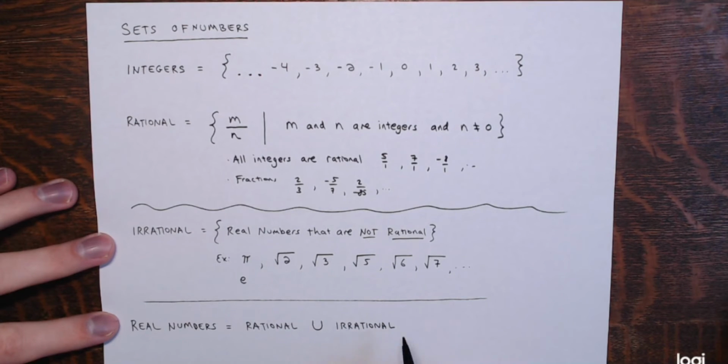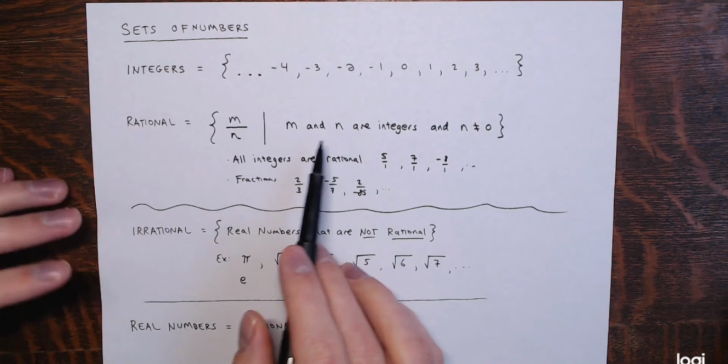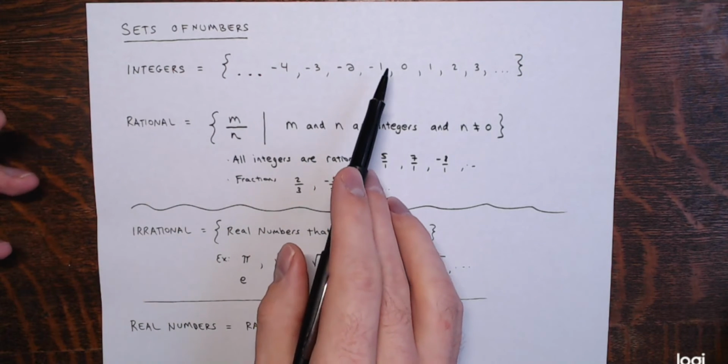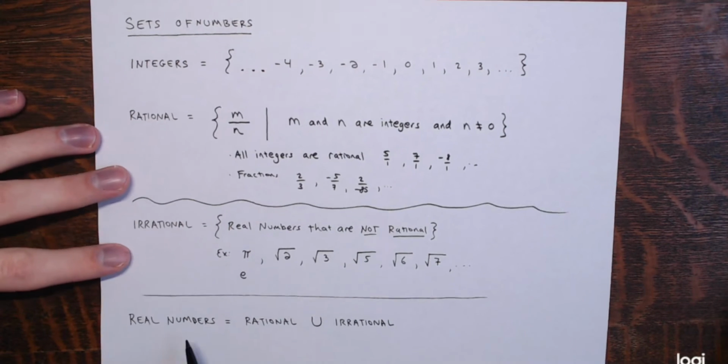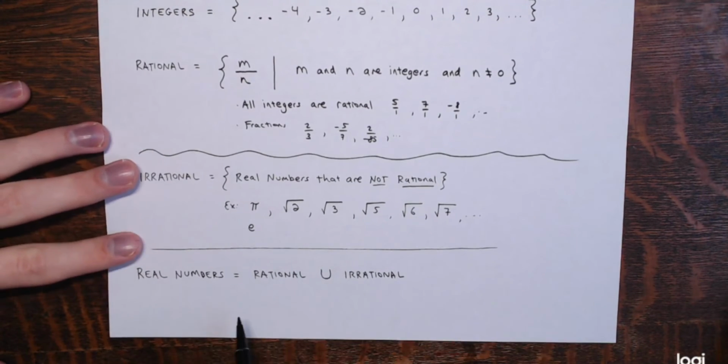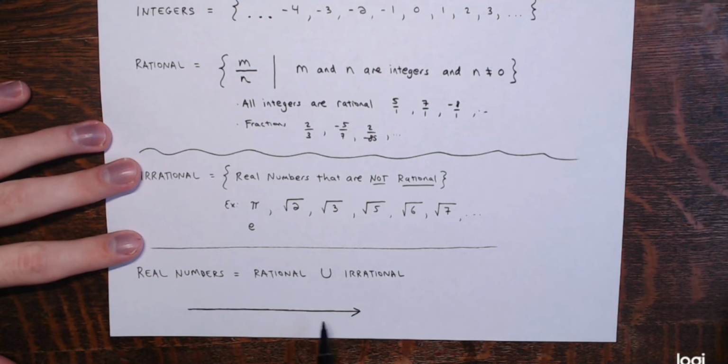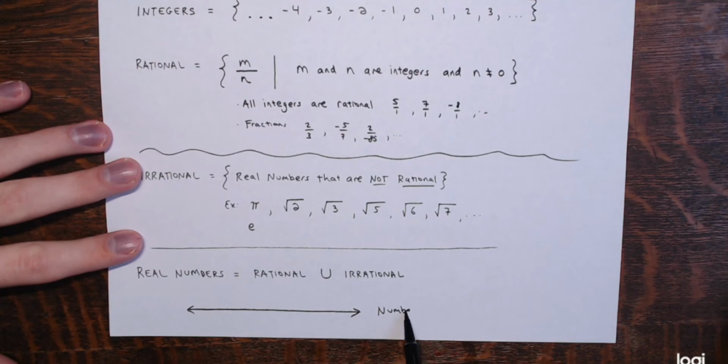So basically, every number that can be written as a ratio of two integers is called real, and every number that's not rational on the number line is called real as well. Right, and again, this is usually represented by a number line, right? And you've seen number lines before, I am certain, right? 0 in the middle, positive reals to the right, negative reals to the left.